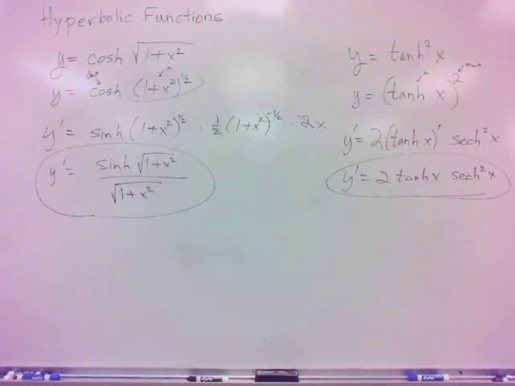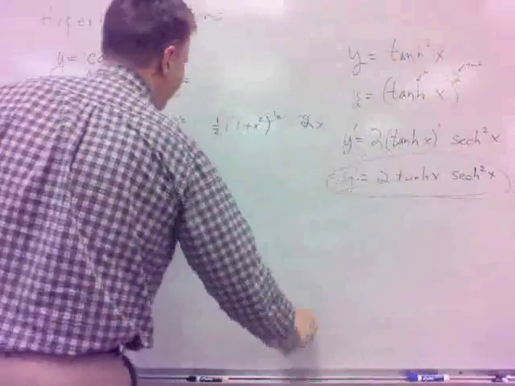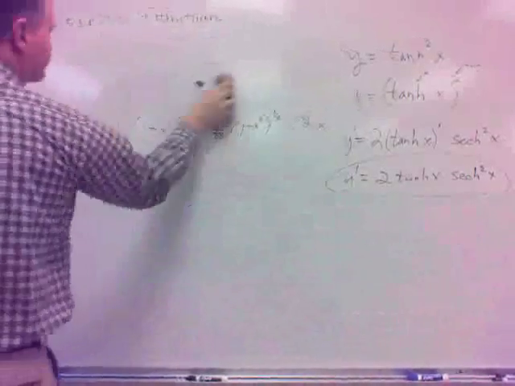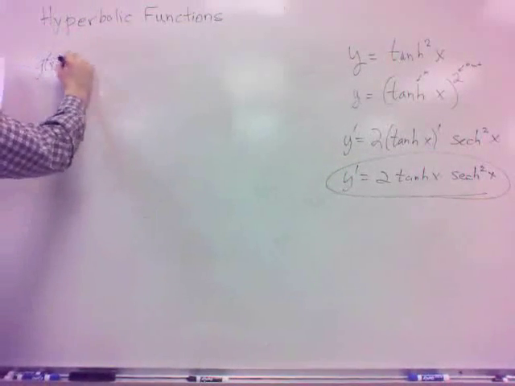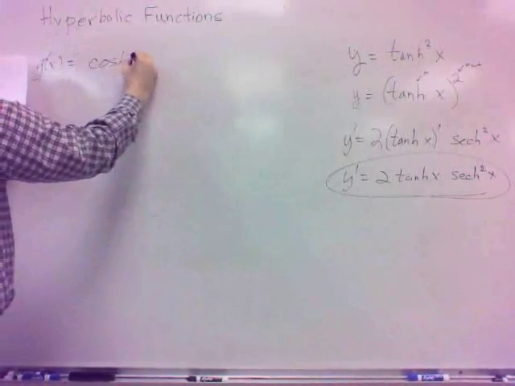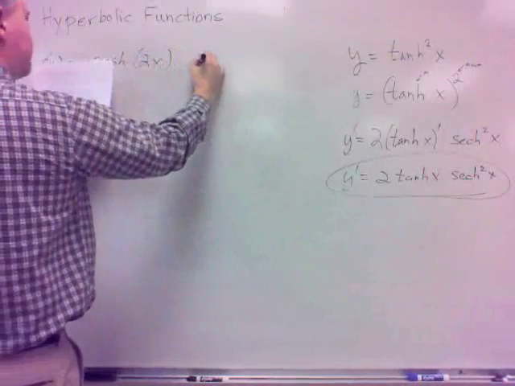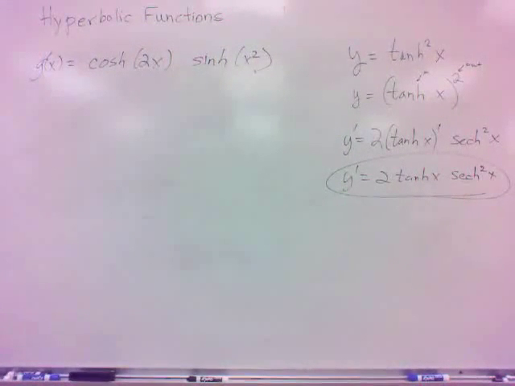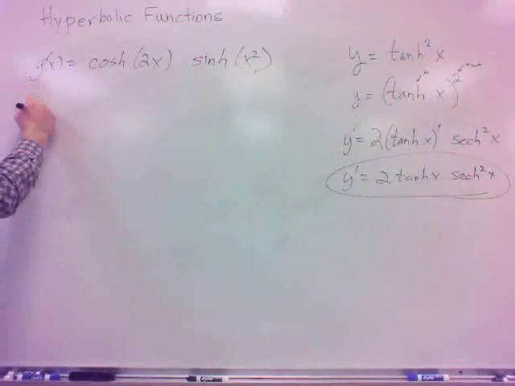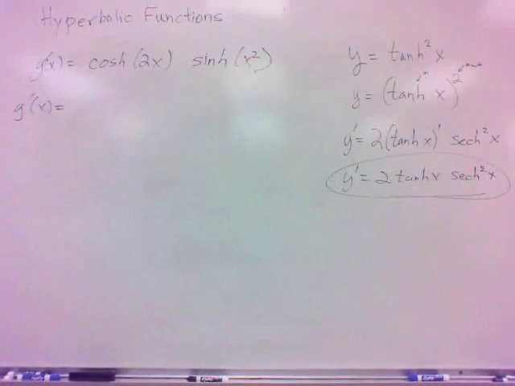One more. Then we'll do antiderivatives, okay? G of x equals cosh 2x times sinh x squared. Well, what do we got there? Besides the hyperbolic, I've got product rule, don't I?